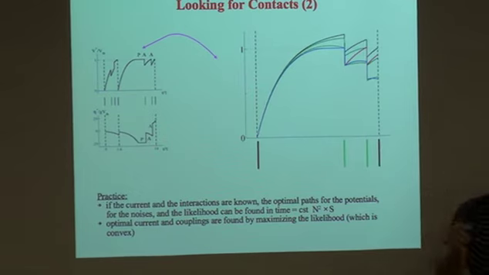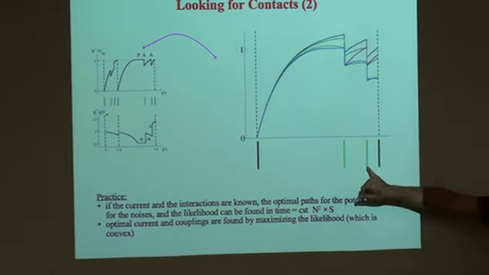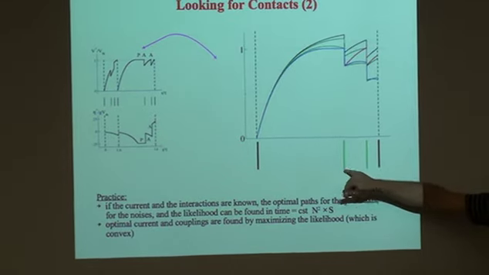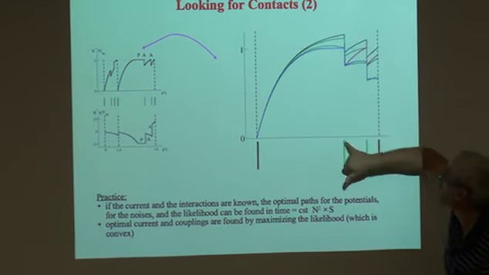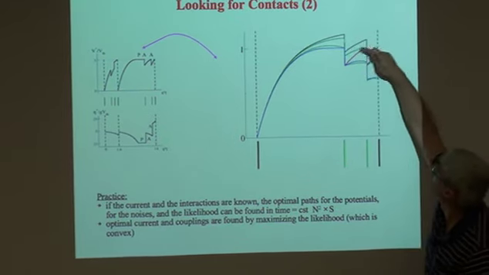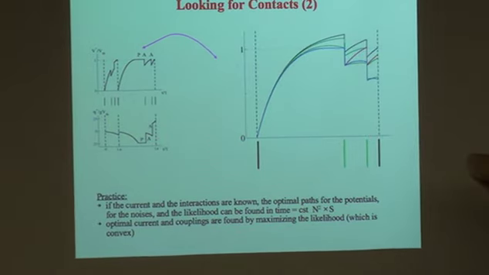Or maybe I have an active contact, an isolated point contact, which may take place only at this time here. I get two other trajectories, the green ones: this one is in contact here, and the second one is in contact here. But neither is acceptable, because they cross the threshold, so they should be rejected.